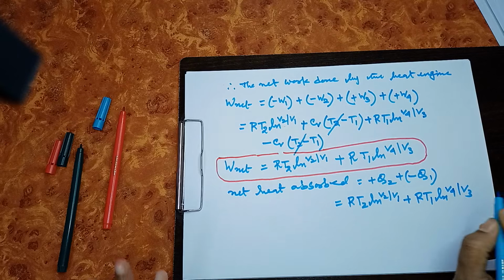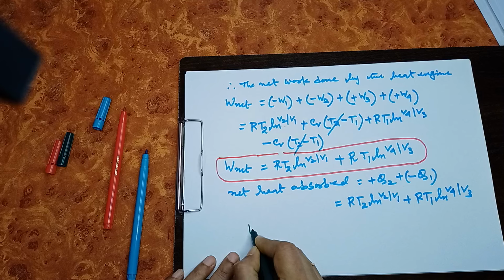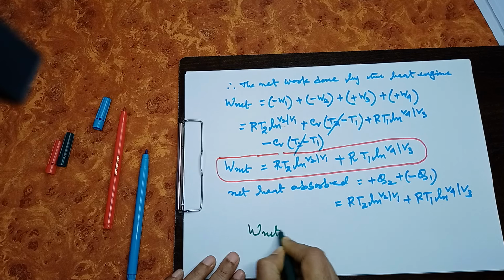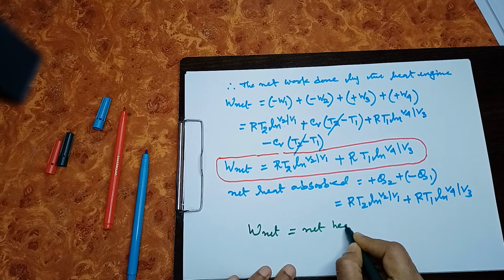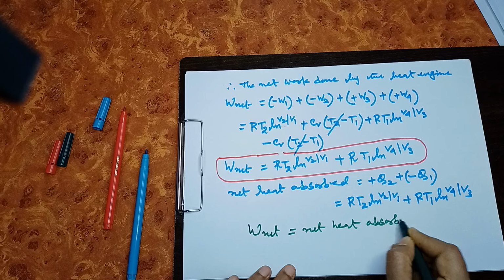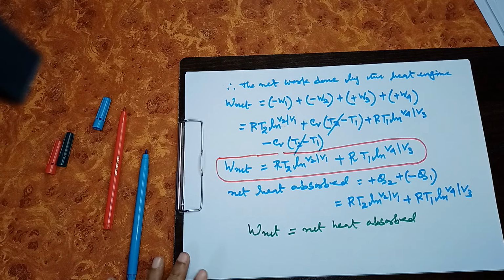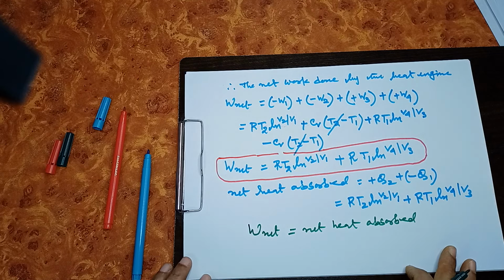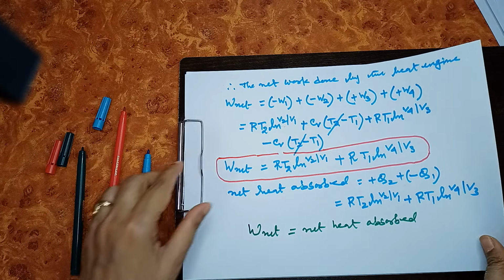So, what is the conclusion? Conclusion is W net, net work done is equal to net heat absorbed, not the total heat absorbed. Overall heat absorbed was Q2, not Q2, it is the Q2 minus Q1, net heat absorbed. Okay. Now, what will we be doing?